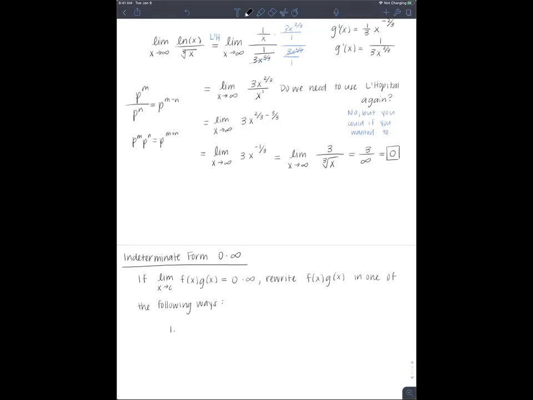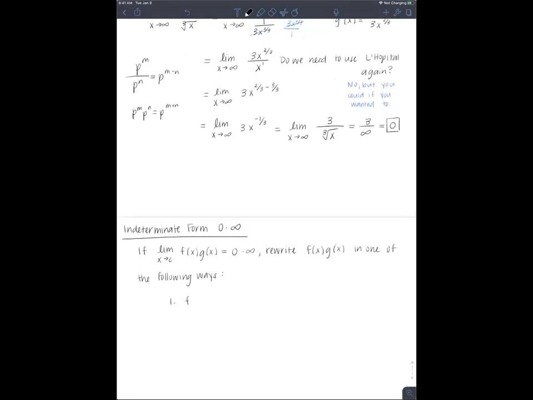The first way is you're either going to take f of x times g of x and write it as f of x over 1 over g of x. So you're going to flip either f or g. The second way is when you flip f: you either have g of x over 1 divided by f of x, or f of x over 1 divided by g of x.